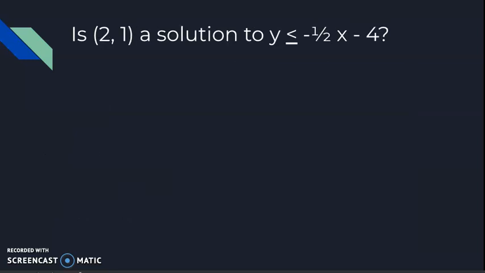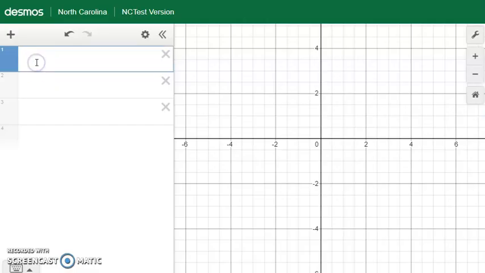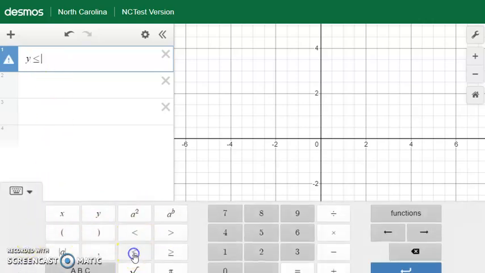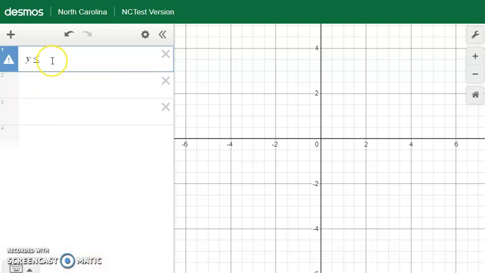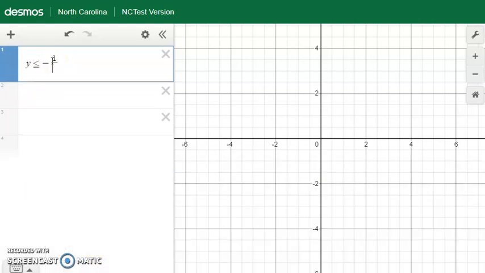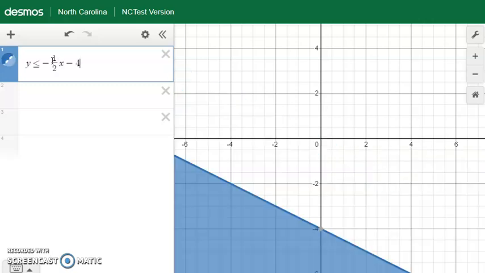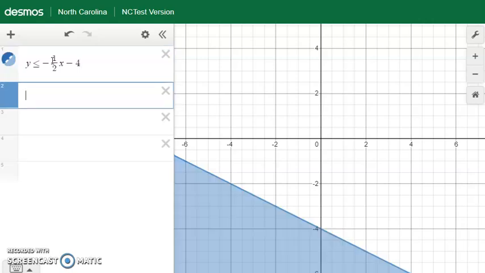Is (2, 1) a solution to y ≤ -1/2x - 4? Again, go ahead and give this a try. Good, so you've given it a try. I'm going to go with y, and I definitely have to use my menu here for the less than or equal to sign. -1/2x - 4, and I want to know, is that a solution to (2, 1)?